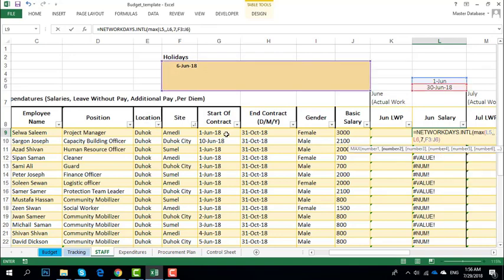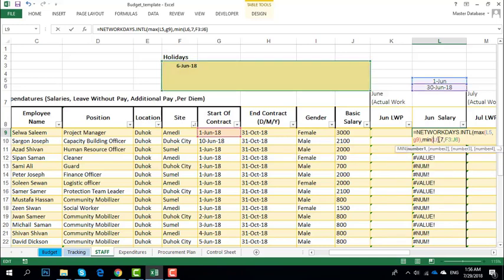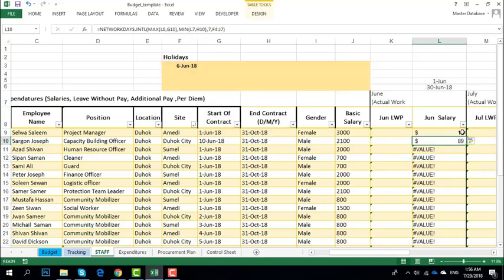Okay, it is G9. G9. Then here the second condition, which is the end date, is MIN. Okay, then it is H9. H9. Okay, done. 19.